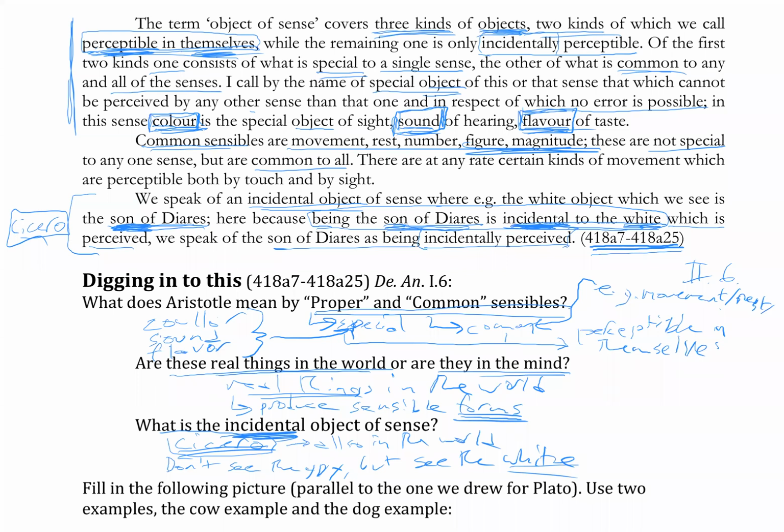But what we see is the white. We don't see the nature of the thing. Rather, we only see the whiteness. And so while we do see the incidental object in a sense, in a more proper sense, what we see is the white, which is the proper sensible, the color, which is proper to sight, right? So what we see are the proper sensibles of sight, but only incidentally do we see the objects of sense.